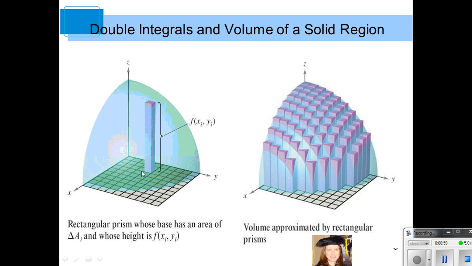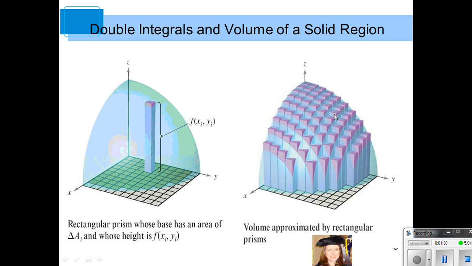Now, if you slice this a little bit in the x direction, we can call that a differential x, and slice that a little bit in the y direction, we can call that a differential y, and then the height of that French fry is the function of x and y. So it's going to be the area of the base, your dy times your dx, times the height of the solid region.